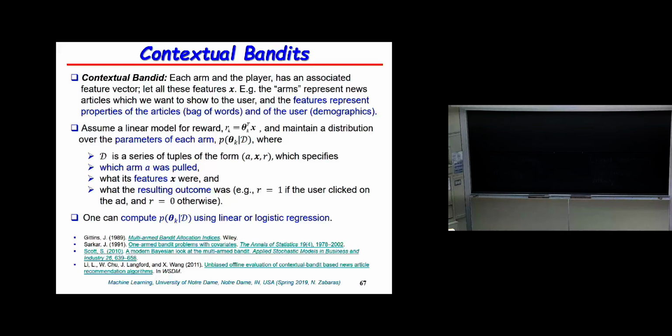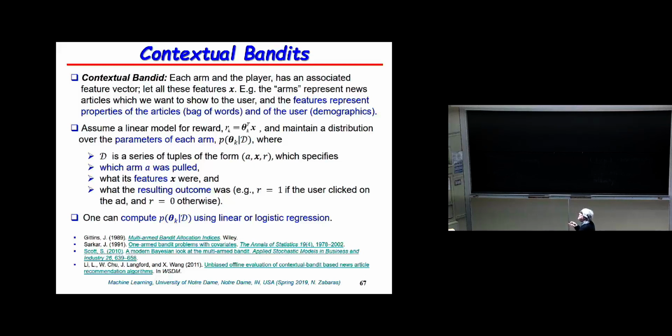For example, if it's a binary classification problem, R equal to 1 would be when you click and read an ad, and R equal to 0 if you don't. They collect all this historical data on what machines you pull, what your features are, what the rewards are, and these rewards are modeled through a regression model.